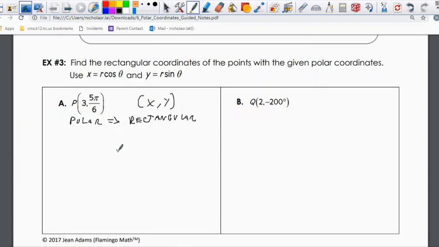xy. So we have x is equal to r times the cosine of theta. So x is equal to 3 times the cosine of 5 pi over 6. And the cosine of 5 pi over 6, unit circle. So remember the unit circle.